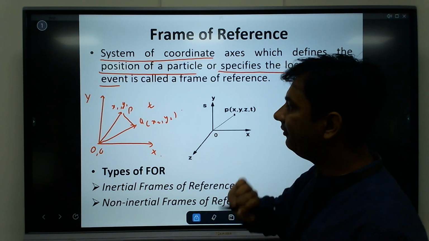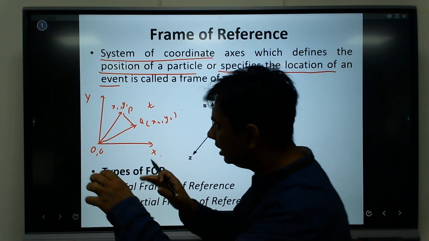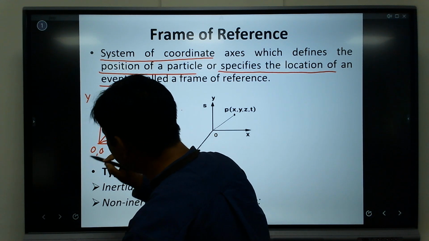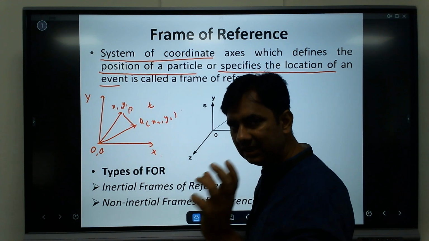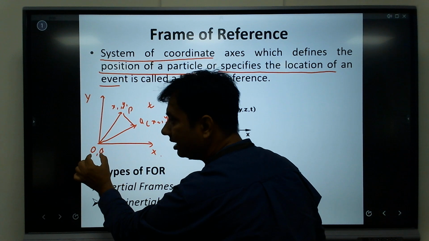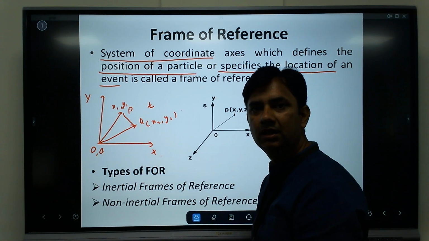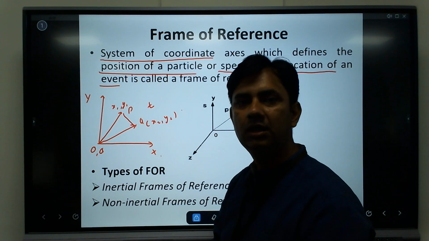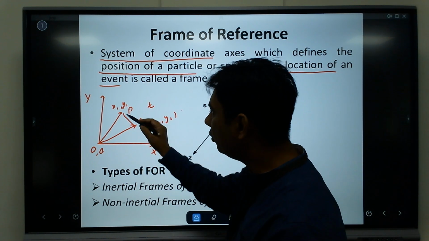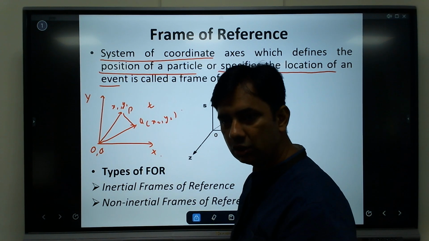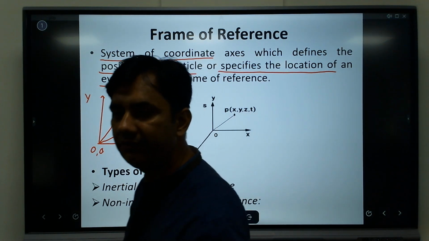So if you want to understand the meaning of frame of reference, then this point is the frame of reference from which we are observing the motion of a man moving from P to Q. So this is called a frame of reference.